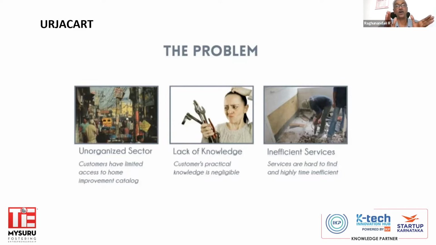So again, you can see what would be the solutions. It's very clear that Urja Cart will provide you catalogs or information which will help you to figure out what is to be done. The practical knowledge which you would not have for a particular product would be described.